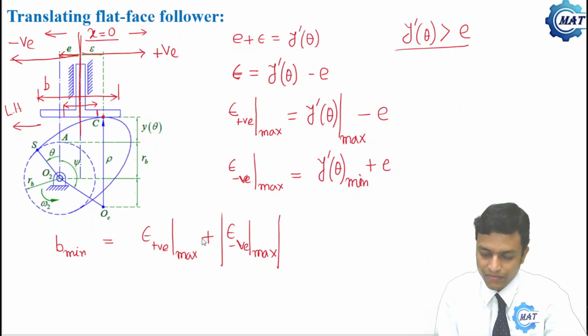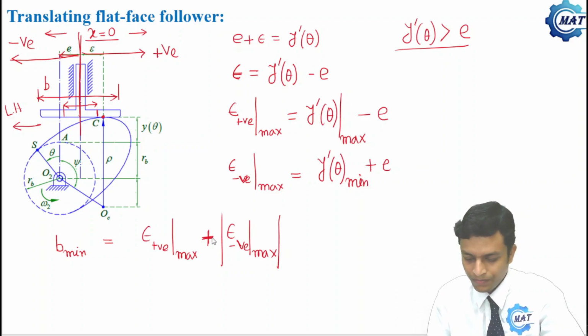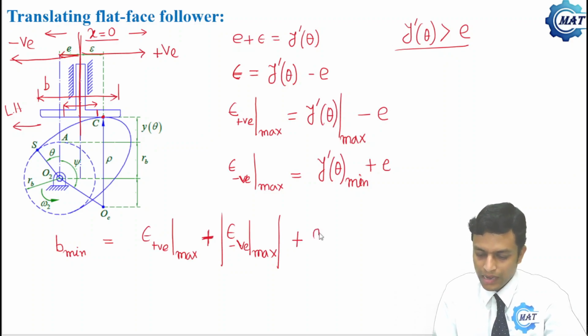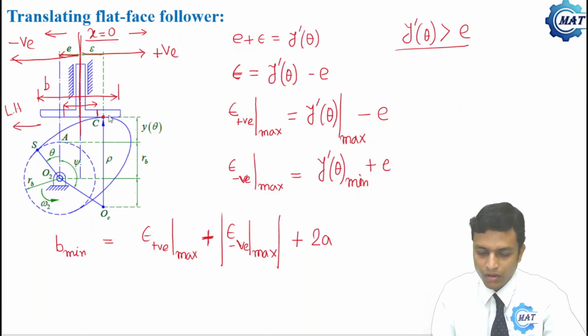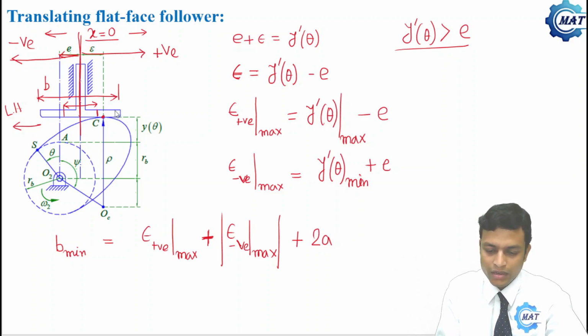Obviously we take the value only, not the sign, plus some allowance in both directions. A is the allowance on each side. We need some allowance, not exactly that, we'll take some greater value, so plus A.